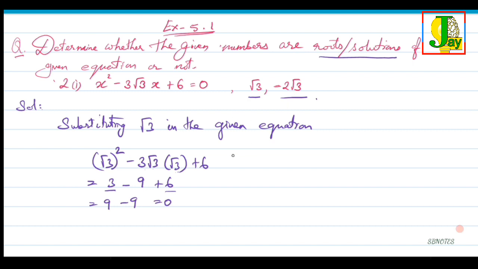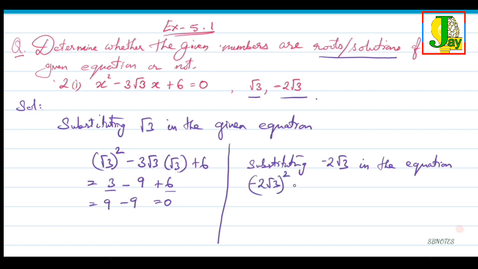Now the second one, let's see, doing the same thing again, substituting minus 2 root 3 in the equation. So we get minus 2 root 3 whole square minus 3 root 3 into minus 2 root 3 plus 6.